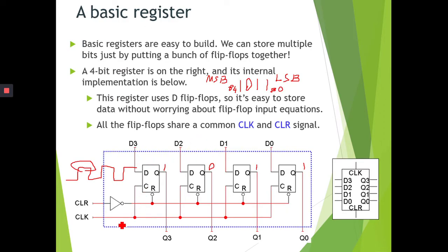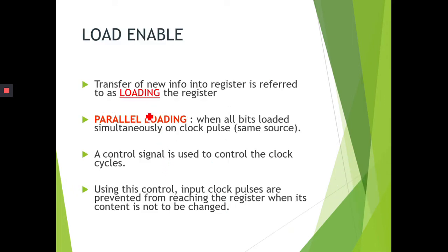Here you can see they are connected to a common clock source. Then we feed in the value 1011. Whenever the clock is high, all these four D flip-flops simultaneously update the value. The process of updating the value from the input to the output of the flip-flop is called loading. So it's a parallel loading, we do it in parallel.